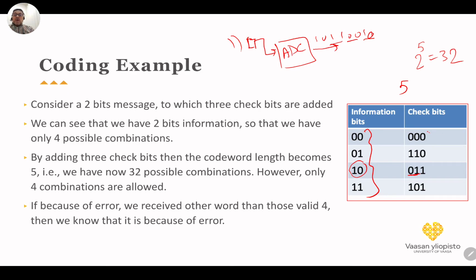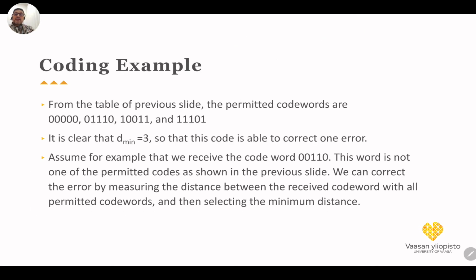Now, from the previous slide that we have seen, those are the only 4 valid or permitted code words. This is a linear code, and the minimum Hamming distance of this code, as we mentioned, depends on the minimum weight of the smallest word except the all zeros.